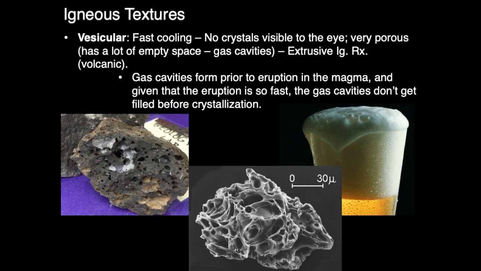The way that these gas cavities come to appear within the sample is that prior to eruption, the gas is inside of the magma itself. So when the eruption starts to occur, everything is so fast that the gases or volatiles, if you guys remember them being part of the gaseous part of the melt, can't escape, or not all of them can escape prior to the cooling and the crystallization of that magma, or lava, I guess, because they are volcanic.